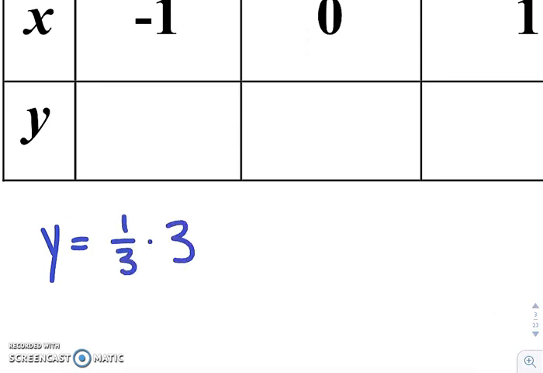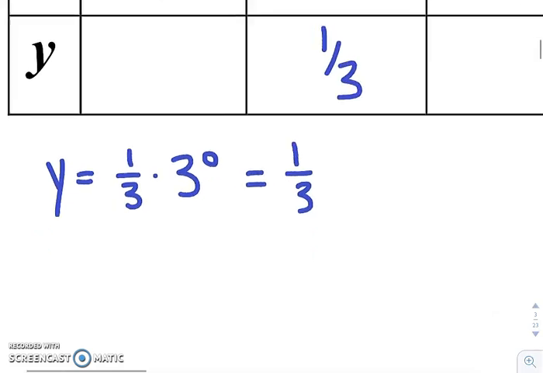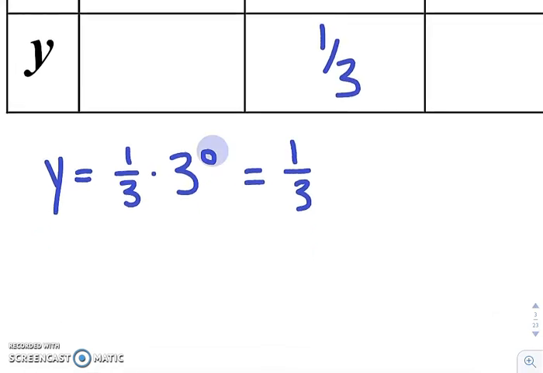What are we plugging in for x? 0. And there's no value being added to the end of it. This is where your exponent rules come into play, and you have to remember them. 3 to the 0 power, anything to the 0 power is 1. So 1 times 1/3 is going to be 1/3. So we plugged in 0 there.